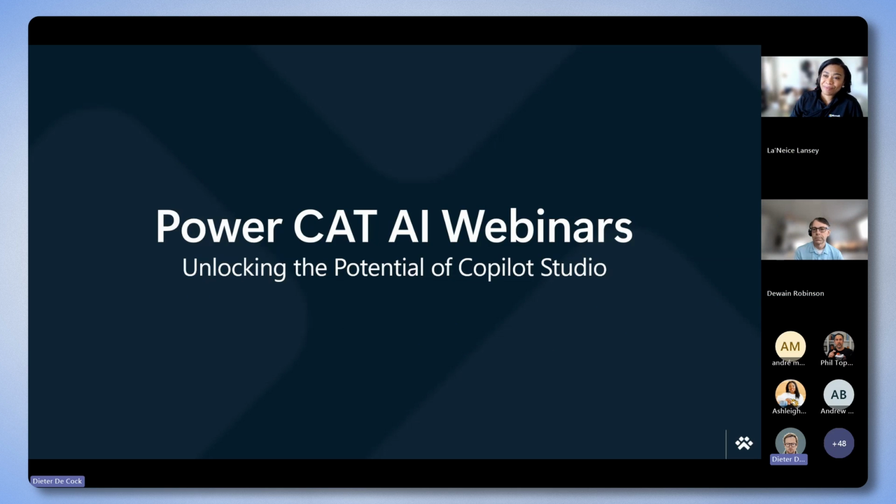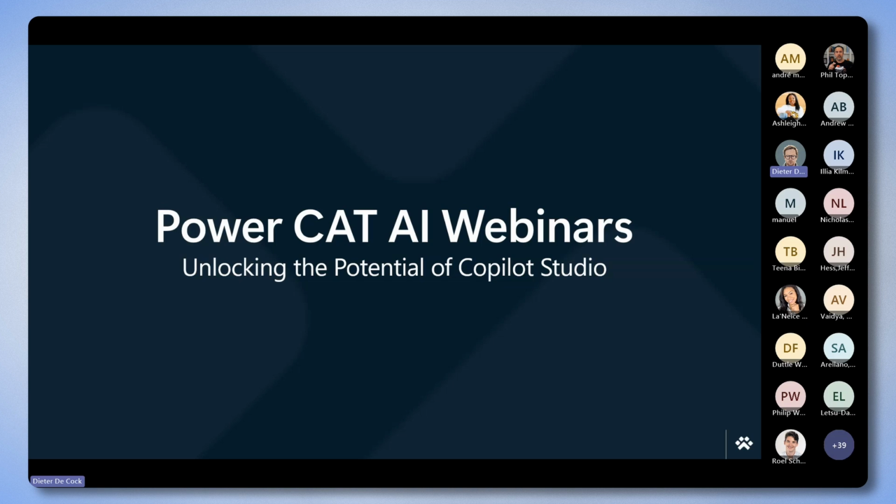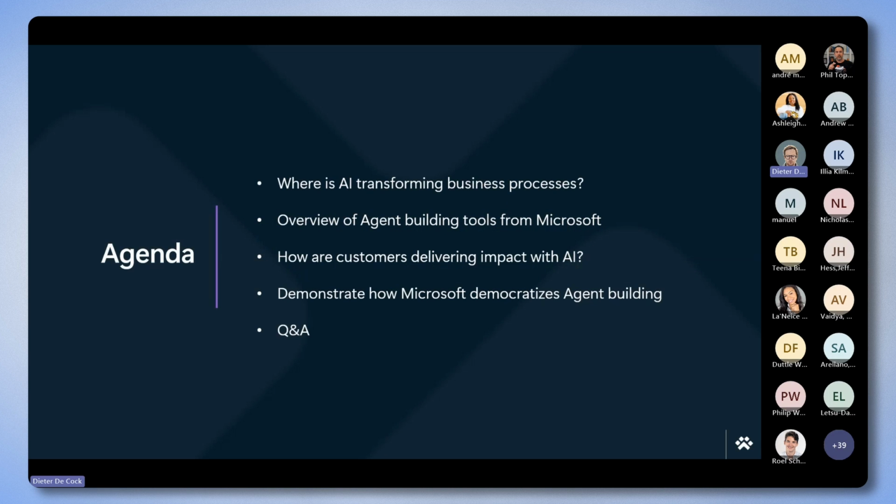So in this webinar, we will see basically how and when to use Copilot Studio. We have a very packed agenda. First of all, we will see how AI is transforming your business processes, how AI has an impact on how we look at processes and how we interact with our processes. Then we're going to have a look at which tools we have in our tool belt, in our Microsoft platform, that can assist in building these AI agents.